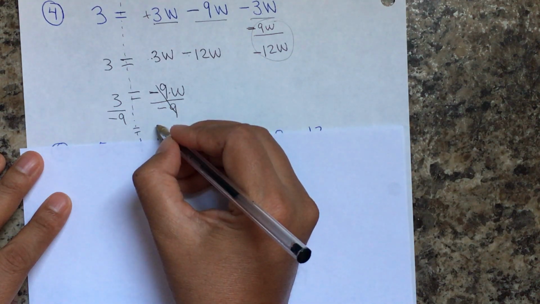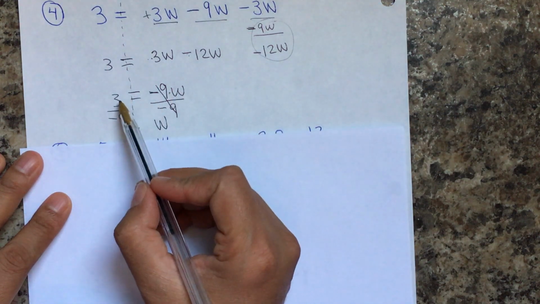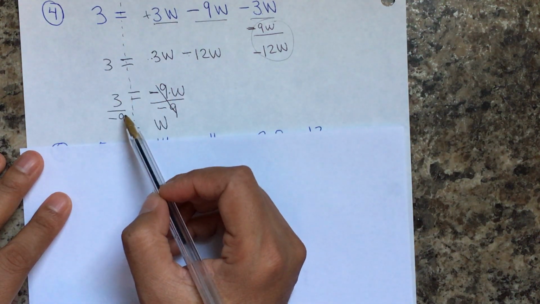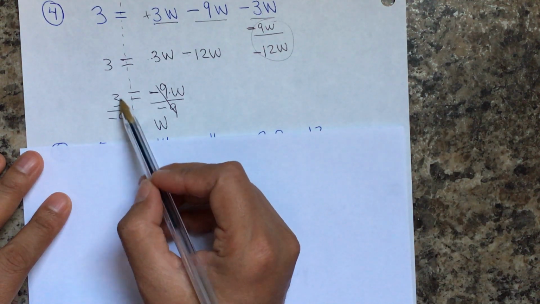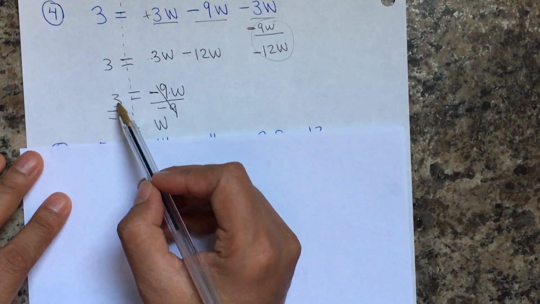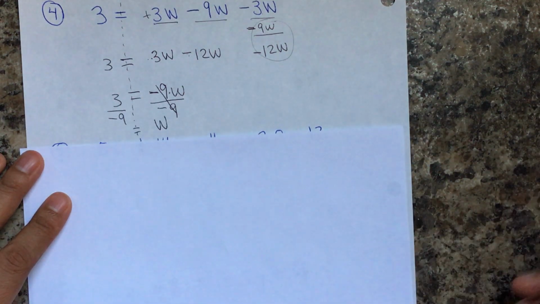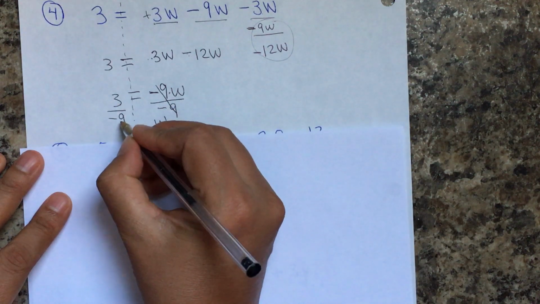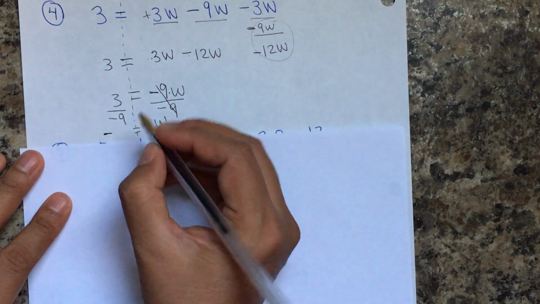And so I get w equals, I want you to notice something, and you already saw in Module D, when the number on top is smaller, we cannot divide 9 by 3. On the contrary, what we're going to do is simplify the fraction. So first of all, positive divided by negative is negative.